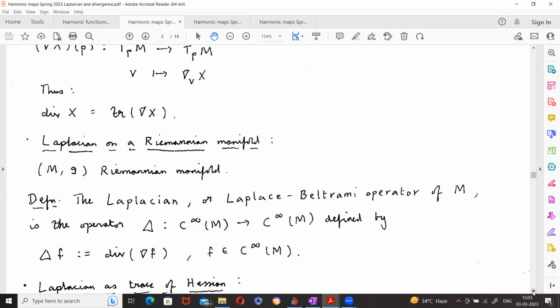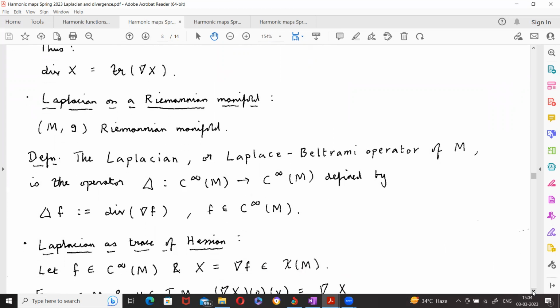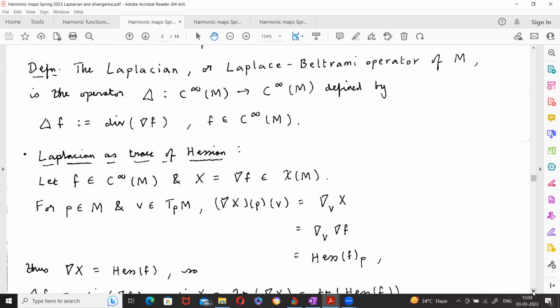From this formula, we immediately get that the Laplacian turns out to be the trace of the Hessian, just like in Euclidean space. Here I have my function f, and my vector field x is nabla f, the gradient of f. So what is nabla x applied to v?